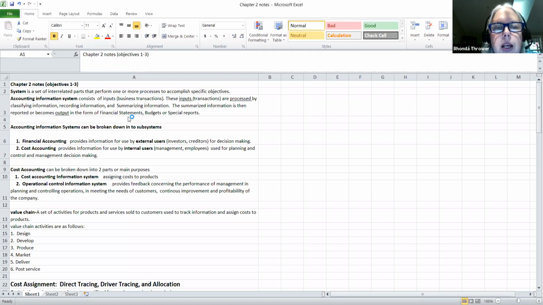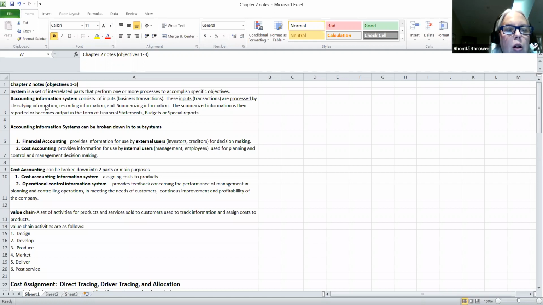But for cost accounting, we also do reporting for budgets and special reports, any kind of report that management wants. We're going to be providing that to our management so that they can make good decisions based on this information.